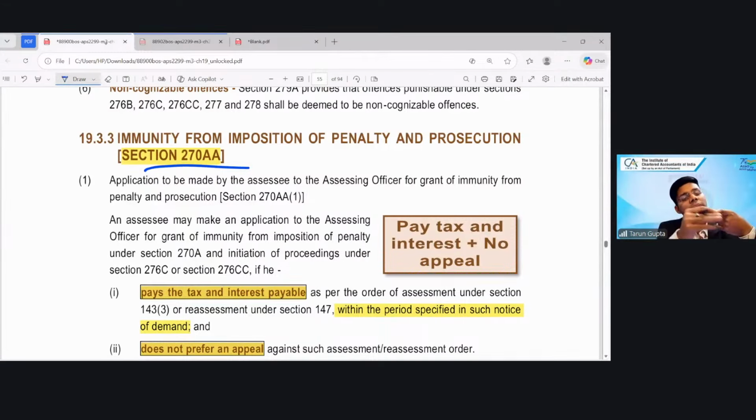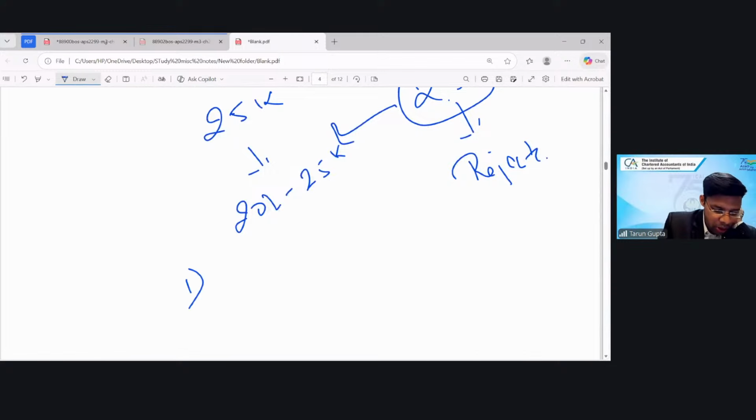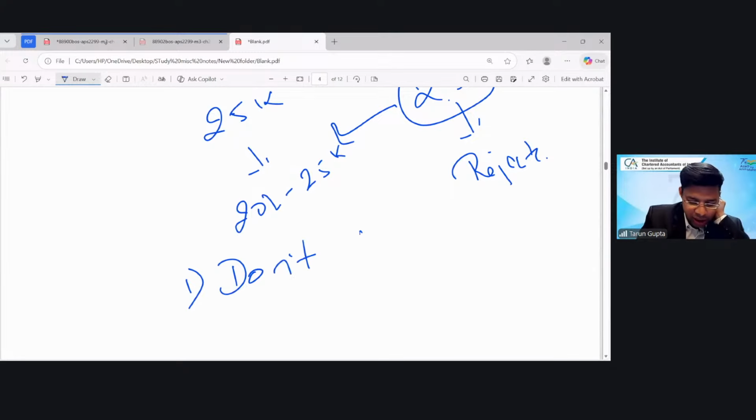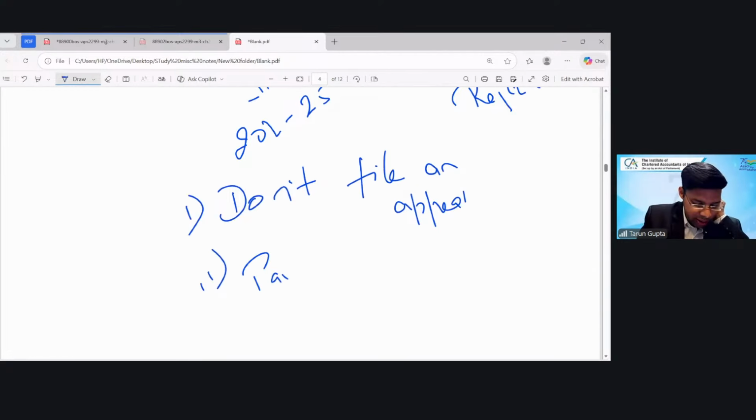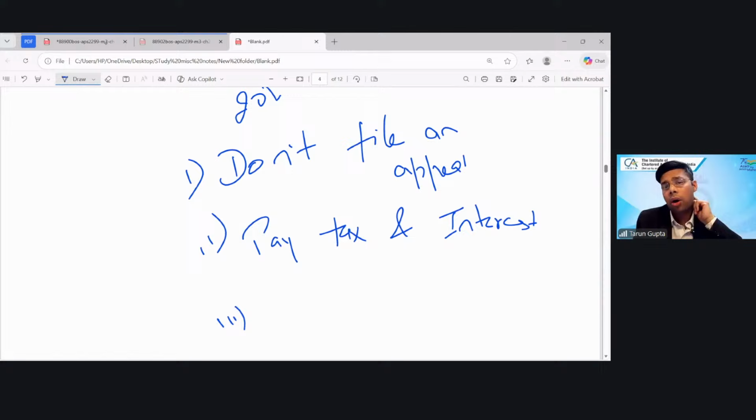So what it says is that if there's an addition in your case in the assessment proceedings, and you don't file an appeal against the addition, so you admit the addition, you pay the tax and interest within the time limit provided in the notice of demand, and within 1 month from the date of the order, you file a form requesting the AO to give immunity against the penalty and prosecution.